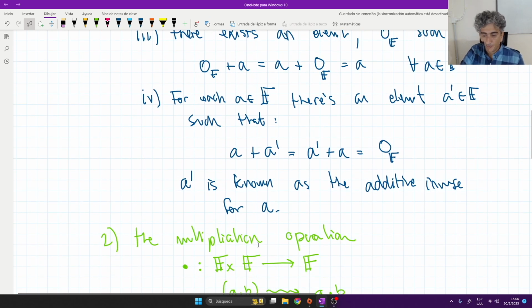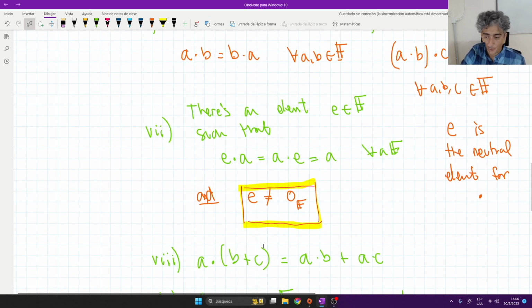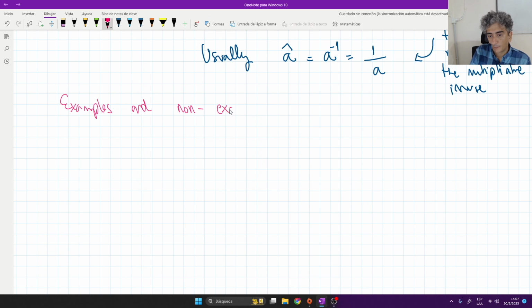Once we set the definition, we're going to show some examples and some non-examples as well. So let's do that now. Examples and non-examples.